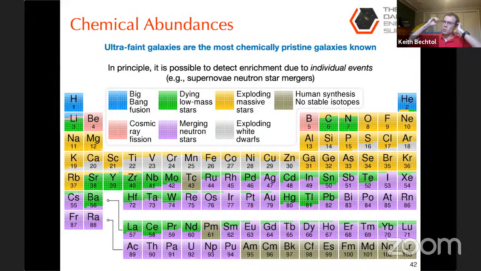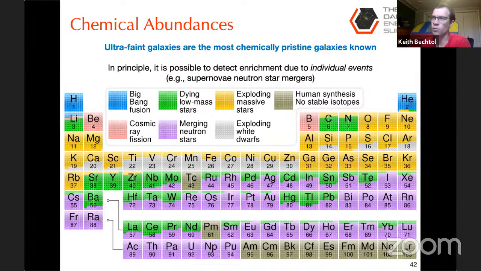One of the approaches that we could use to test an idea like this would be to try to get very detailed chemical measurements for as many stars in the Milky Way halo as possible, and basically try to use the unique chemical signatures to isolate these different stellar populations. And one of the really exciting aspects about DES and other galaxy surveys is that when we are finding these structures in the Milky Way, for example the Milky Way ultrafaint galaxies, these are thought to be some of the most chemically pristine galaxies known.